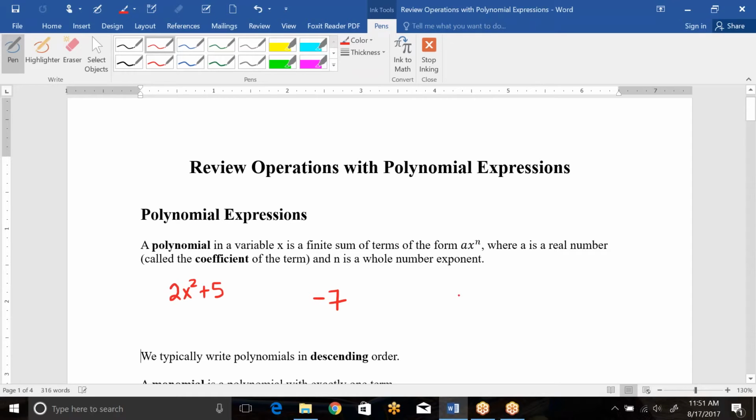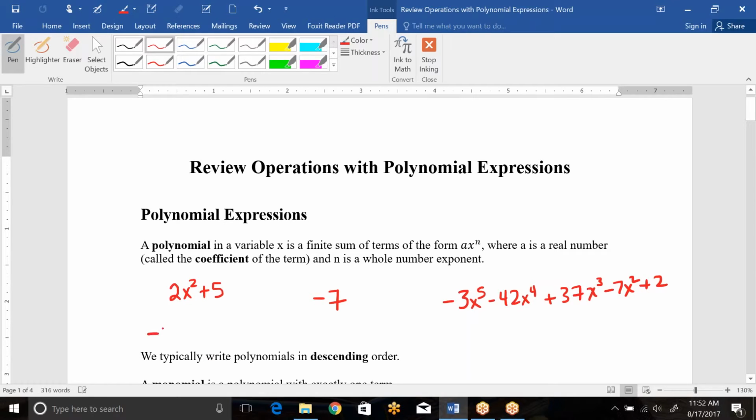It could be something complicated like -3x to the 5th minus 42x to the 4th plus 37x to the 3rd minus 7x squared plus 2. I didn't do all the powers, but you get the point. It's just adding and subtracting terms together that have numbers, variables, and powers. And that's what a polynomial expression is.